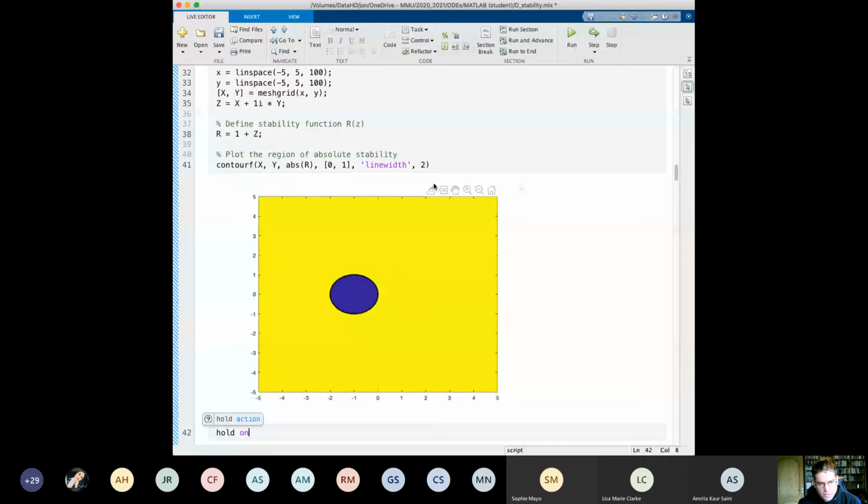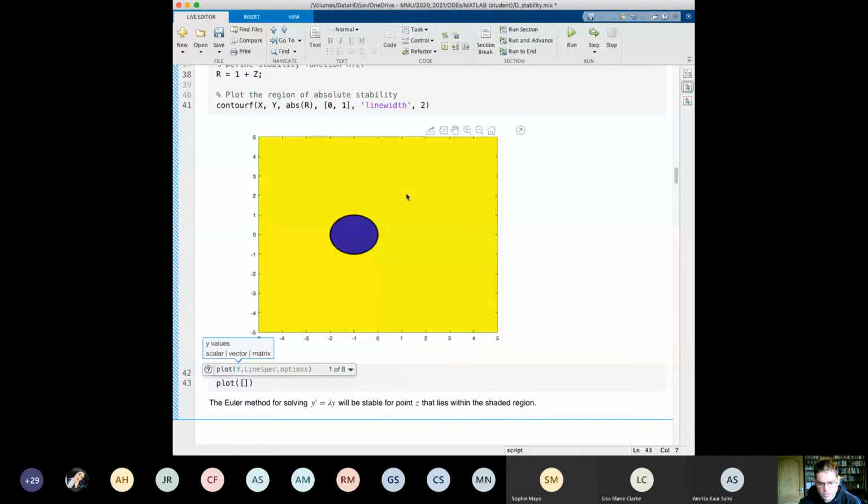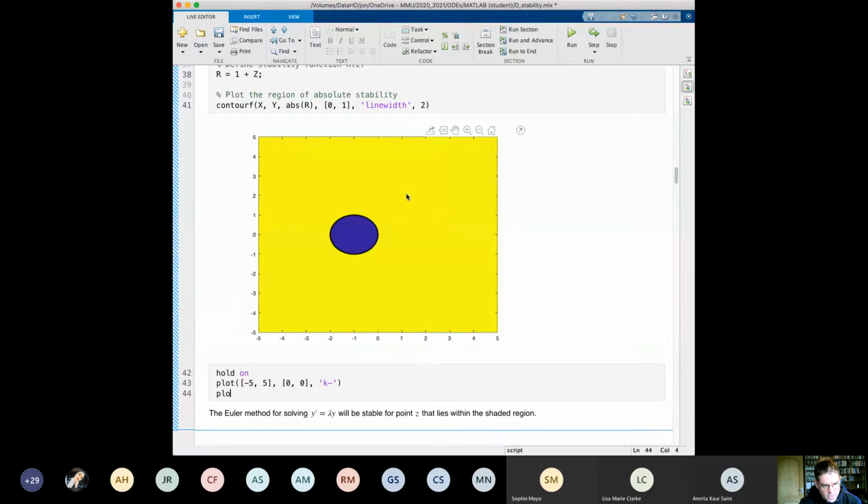Okay, so what I'm also going to do is plot the real and imaginary number lines. So I'm going to plot a line on the x-axis, and an imaginary line where x is equal to 0, and it's going to be a black line. Sorry, x equals 0, but y goes from -5 to 5.